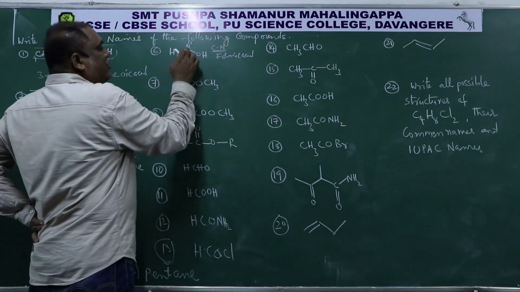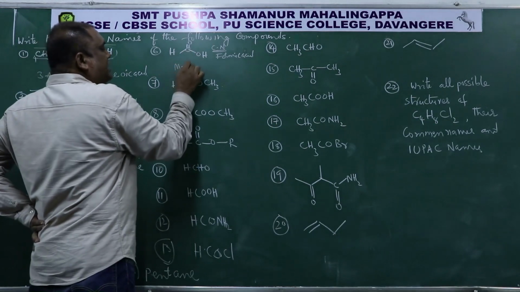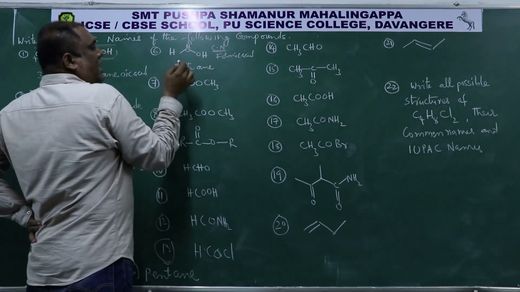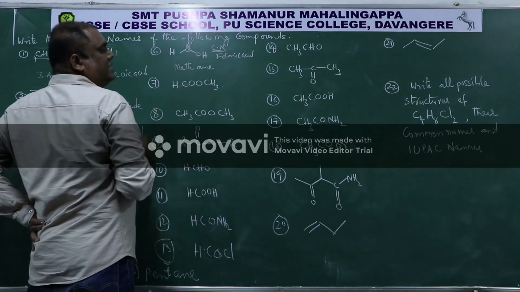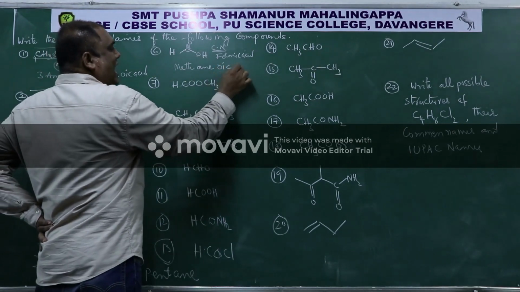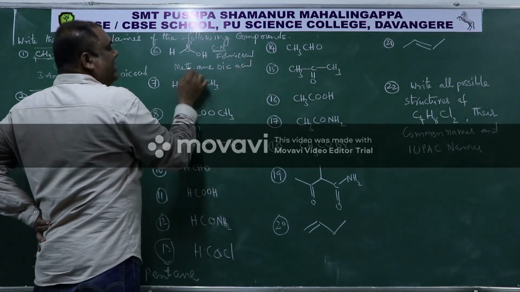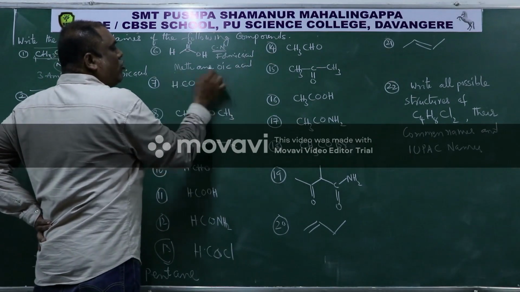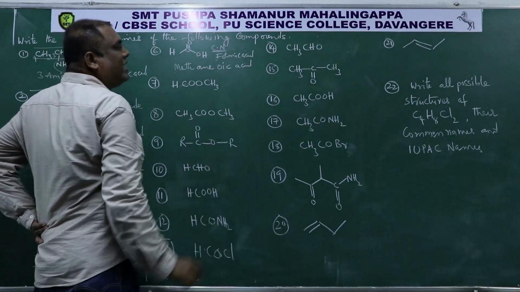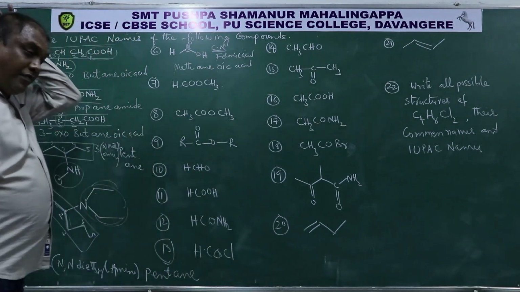The main chain has only 1 carbon, therefore the root word is meth and the primary suffix is ane, and the COOH group is there. When the COOH group is there, the secondary suffix is oic acid. So methanoic acid is the name of this compound. Its common name is formic acid.